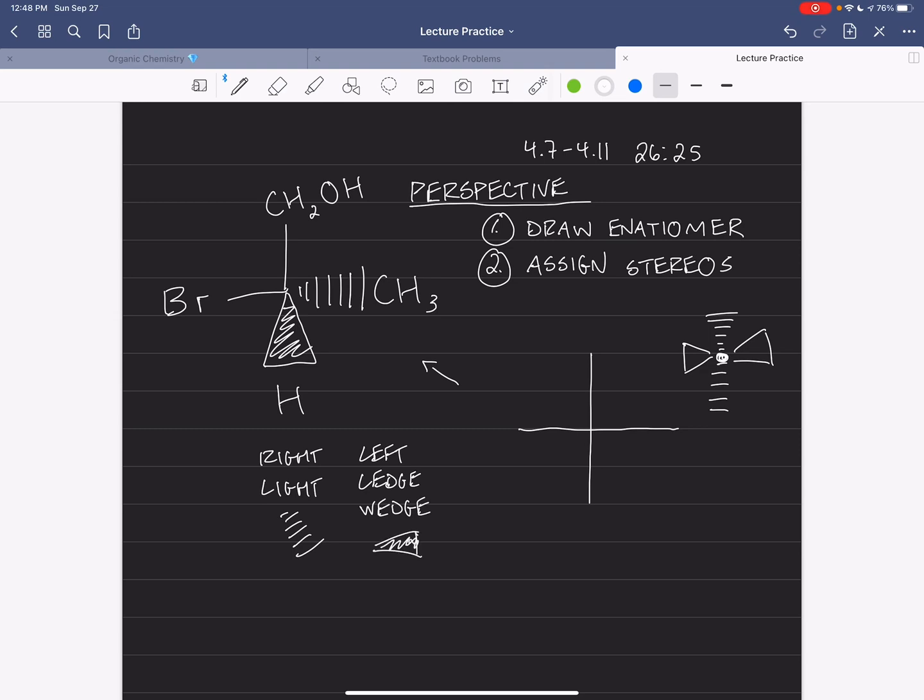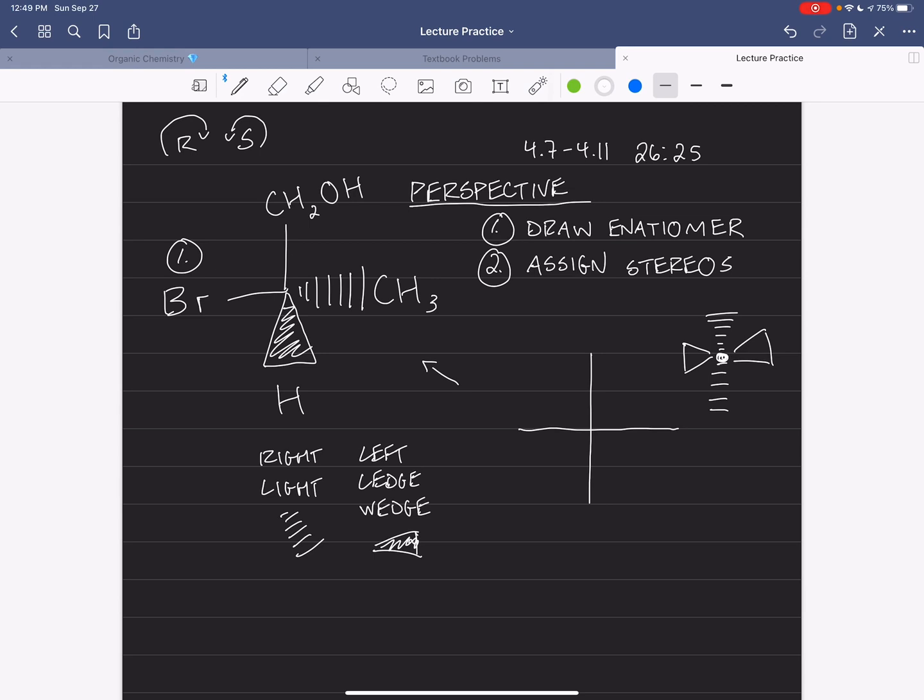Okay, let's assign stereochemistry. Let's figure out if this perspective drawing is R or S. R meaning going to the right, clockwise. S meaning going the other way, okay? All right, so bromine, we know, has a high atomic number, so we're automatically going to give that the first priority.